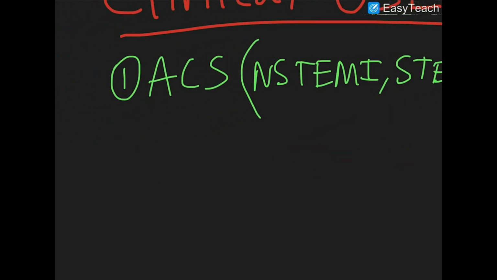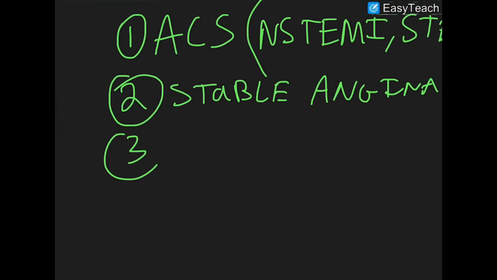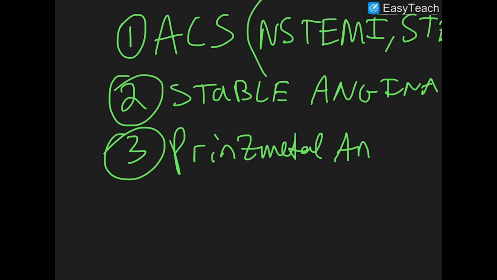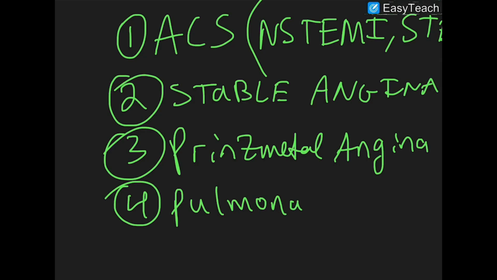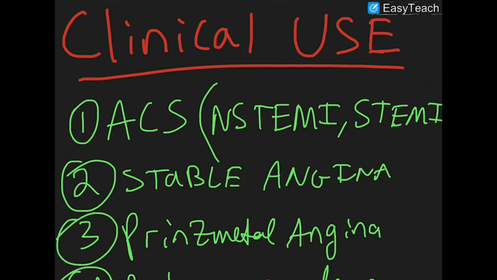The other clinical use would be stable angina, and the other clinical use would be Prinzmetal angina. And the last clinical use that we should be familiar with is pulmonary edema. All right, so let's quickly talk about how nitrates help in each one.